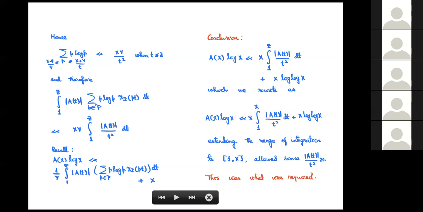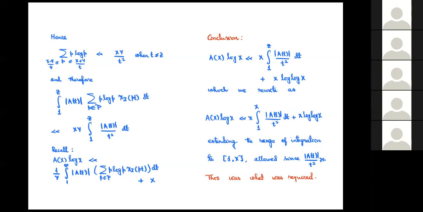And here this x will go away after division by x, and you get a 1 by log x in the first term, plus log x by log x. That will be an upper bound for A(x) by x. And A(x) by x is the fraction which we want to study as x goes to infinity. We want to show that the limit exists and that the limit is actually 0.